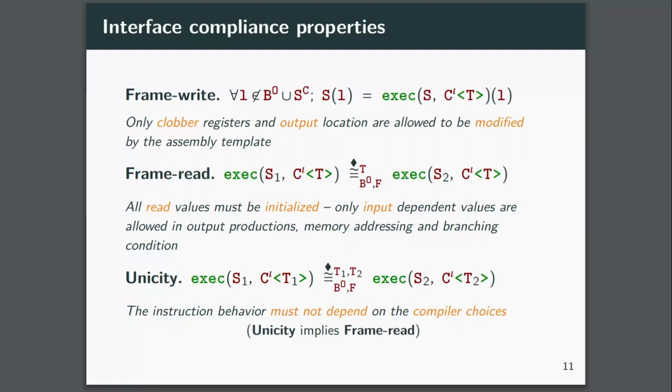Of course, these properties have been formalized with the formalization of the operational semantics of assembly that we provide in the thesis. And so we are able firstly to describe them, to formally state them, and of course to verify them.